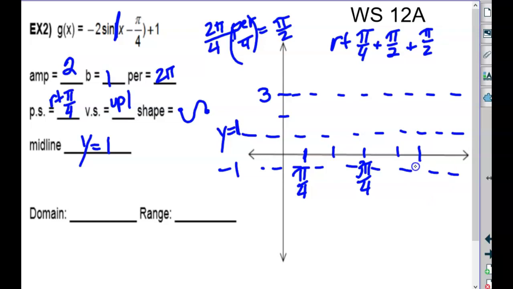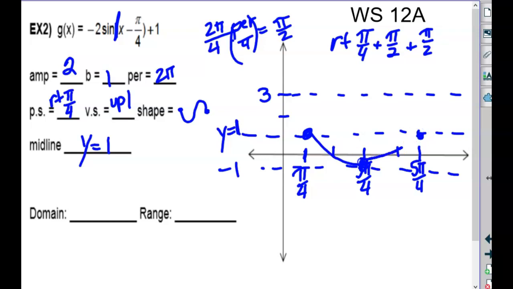Remember, the period was 2 pi. So we're adding a 1/2. Now, if it feels better to you to just start and say this was pi over 4 and then draw it first, and then go back and label because I messed up already. This should be where the next quarter point is.